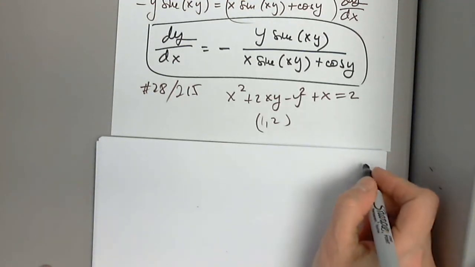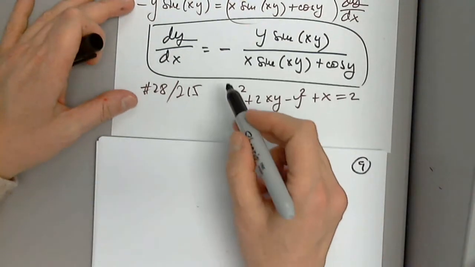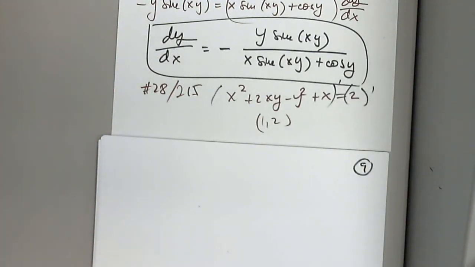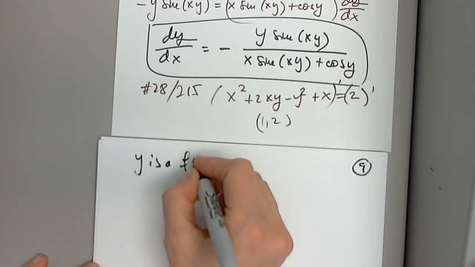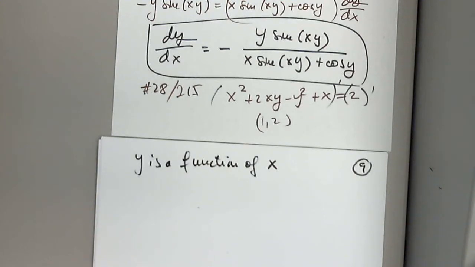So in that case, what will I do to both sides? Good, so let's differentiate both sides. Please remember, if you need to write it, please write it. Y is a function of x, not to be treated as a variable. So then the left-hand side, can anyone dictate?